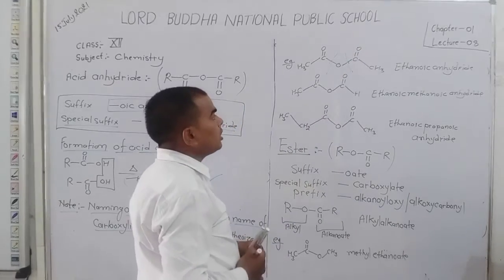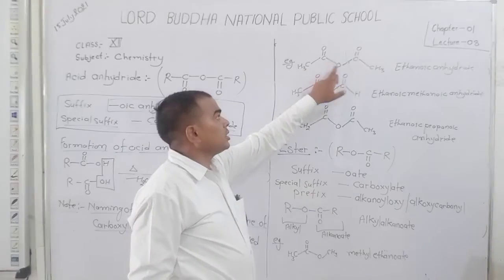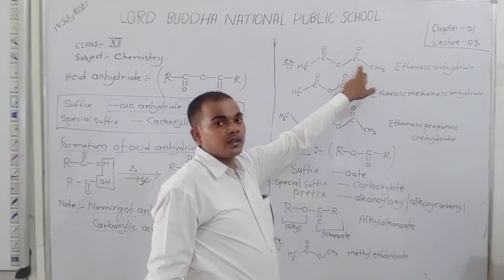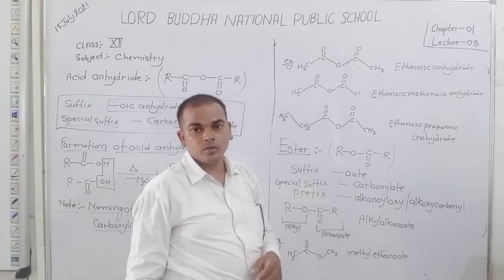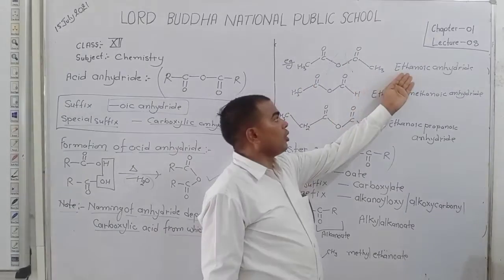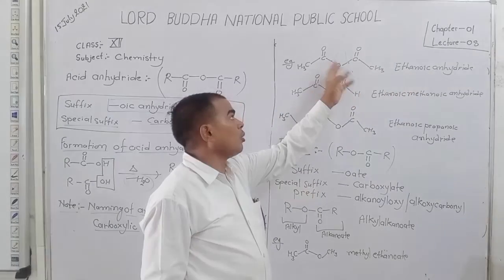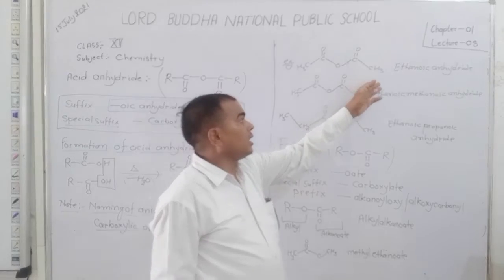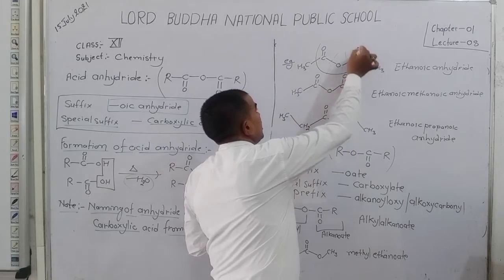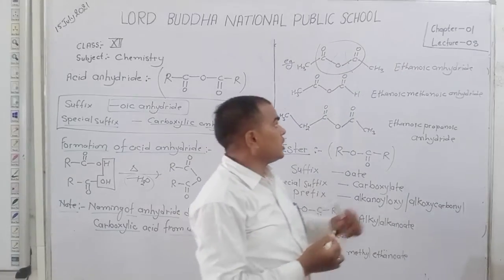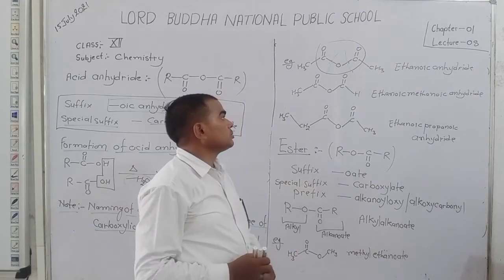You observe here this is ethanoic acid and this is also ethanoic acid. That is, this anhydride is obtained from ethanoic acid. So right here ethanoic anhydride. Okay, student. Next example.